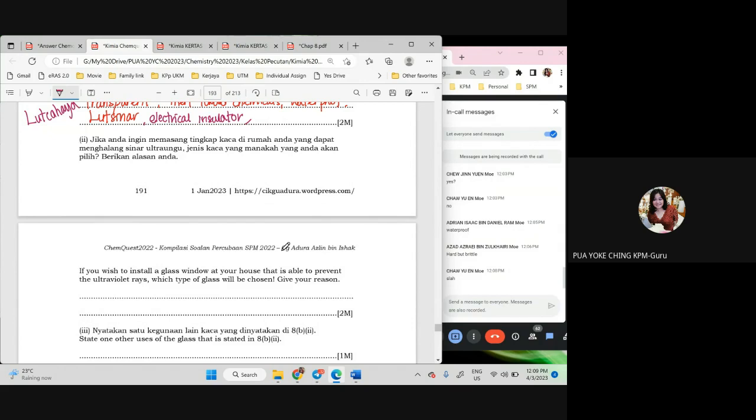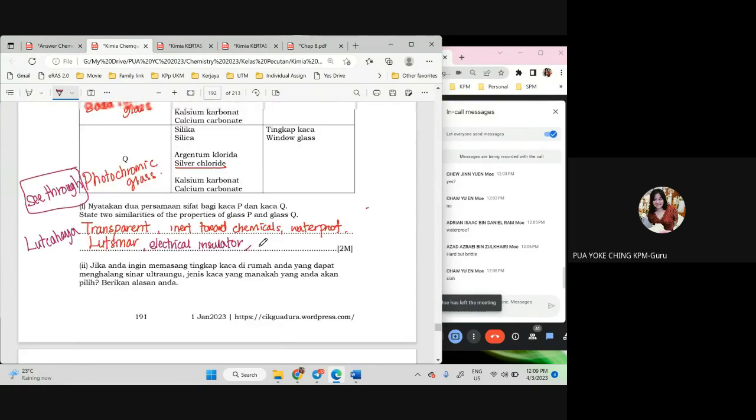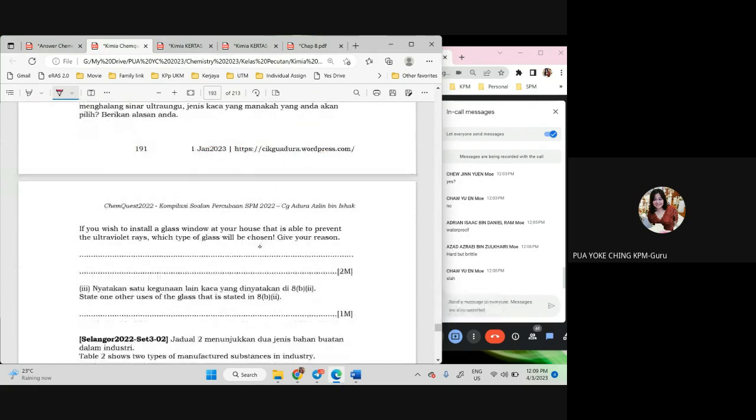Cuma dalam trial hari tu saya bagi gambar aja seorang pelajar duduk dan dia belajar, lepas tu dia rasa silau. Okay, so what is the type of glass you need to choose? Okay, so type of glass that we need to choose is the glass Q.